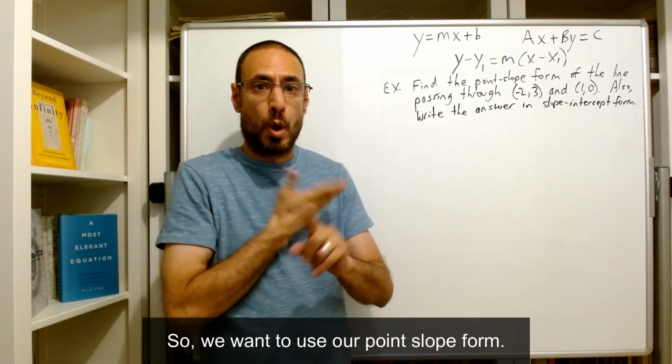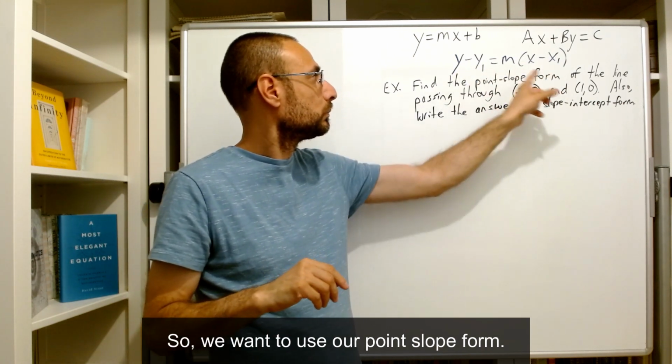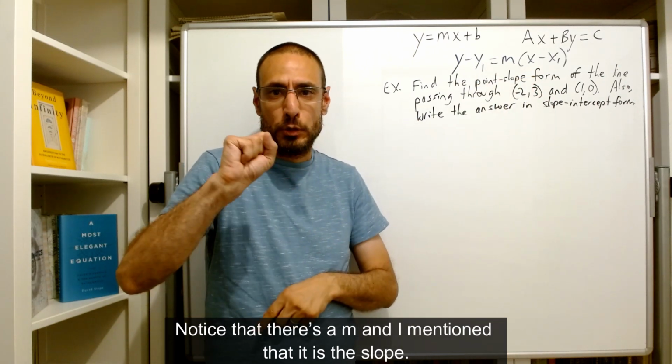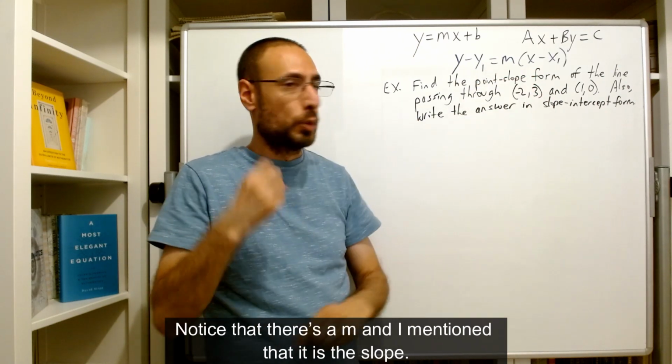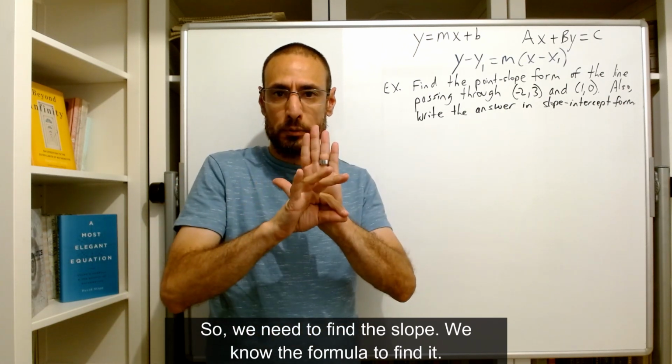So, we want to use our point-slope form. Notice that there's an m and I mentioned that it is the slope. So, we need to find the slope. We know the formula to find it.